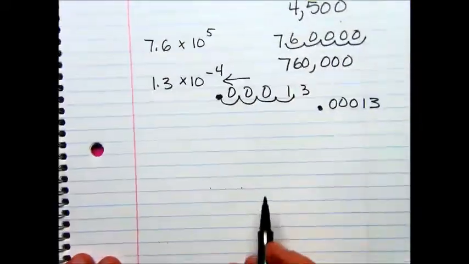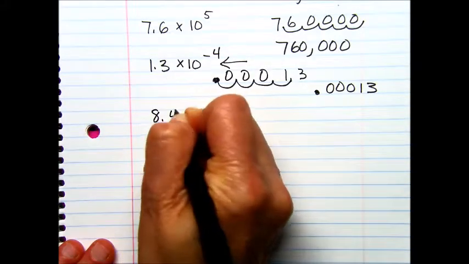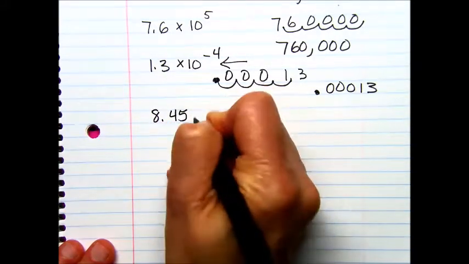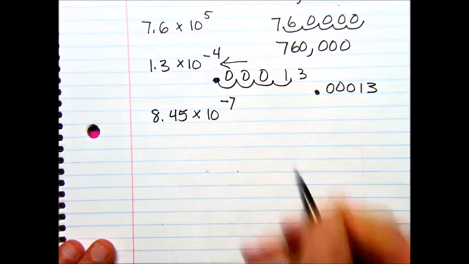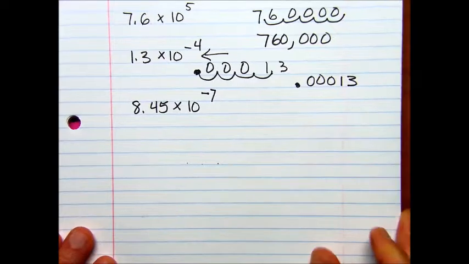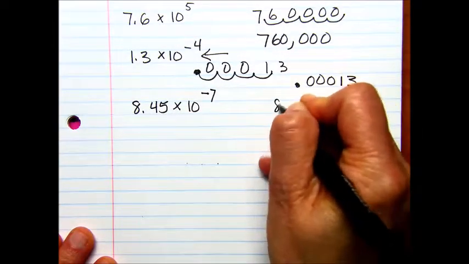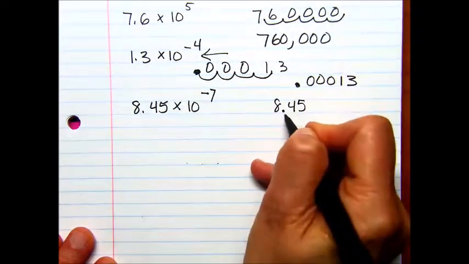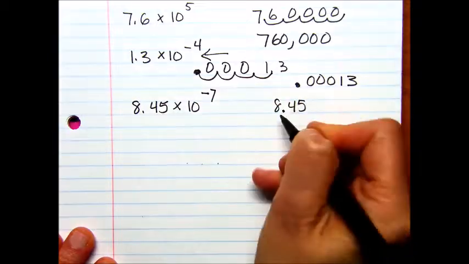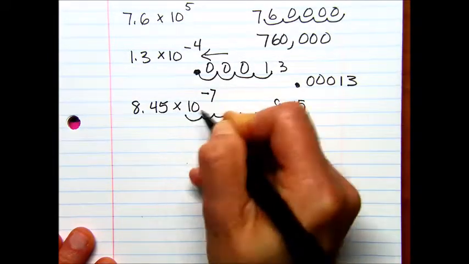But we can go even smaller. Let's say we have 8.45 times 10 to the negative seventh. Again, I'm going to write 8.45, and I want to go this way, so I'm going to go 7 in this direction. 1, 2, 3, 4, 5, 6, 7.